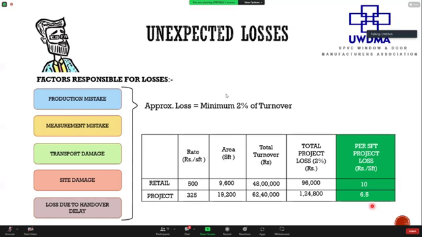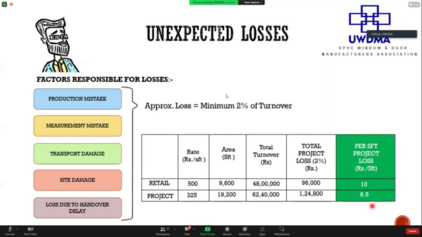Then that window has to go back to the factory, a new window has to be made and go back to the site. So there are so many costs. First of all, this remaking cost, which you never thought of. Secondly, this transportation cost, which you have never thought of.